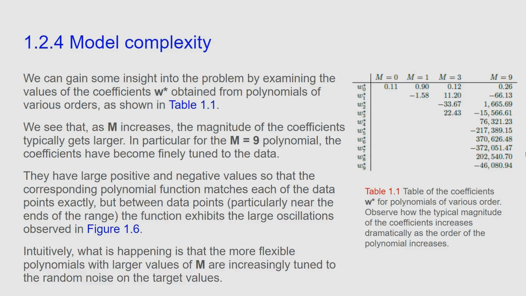Intuitively, what is happening is that the more flexible polynomials, with larger values of M, are increasingly tuned to the random noise on the target values.